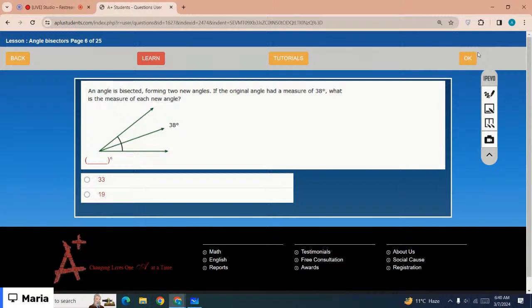The correct option is 19 degrees, right? Option number 2 is the correct option.